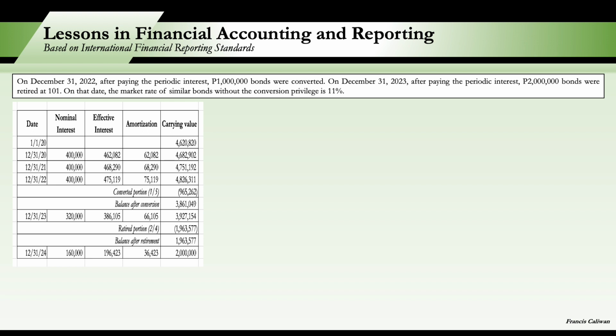Okay, so on December 31, 2023, after paying the periodic interest, 2 million bonds were retired at 101. On that date, the market rate of similar bonds without the conversion privilege is 11%. So we will compute the present value of the bonds for 1 year at 11%.